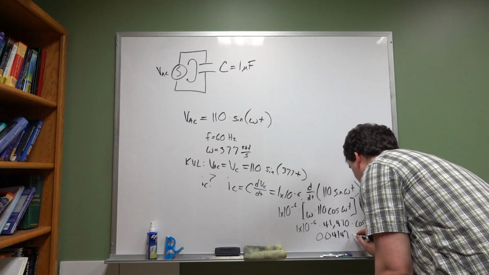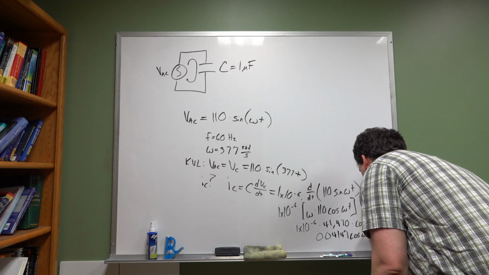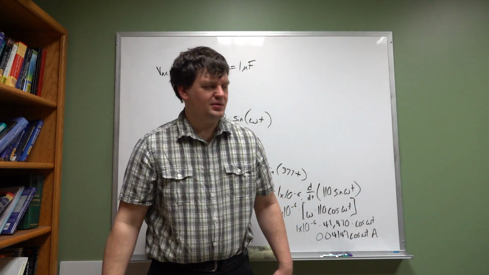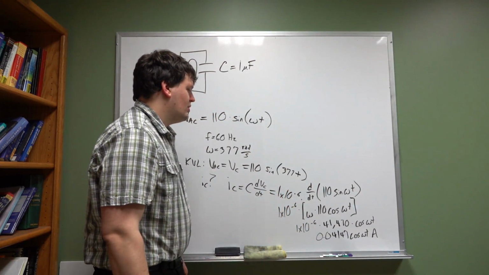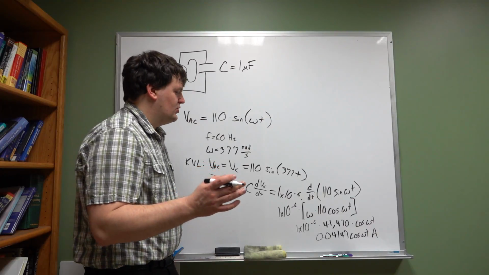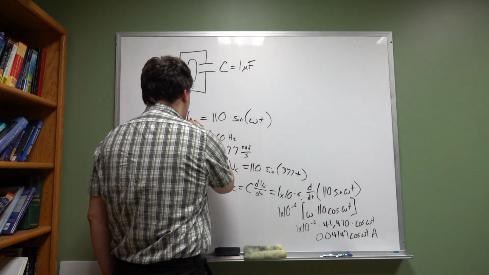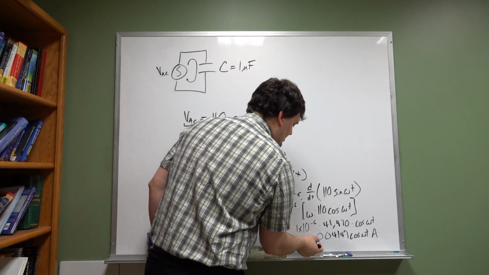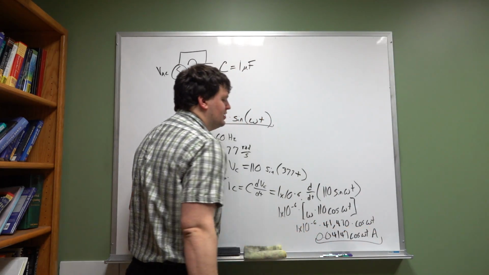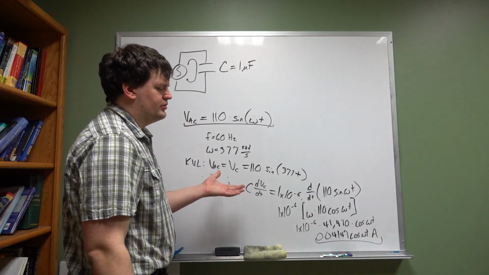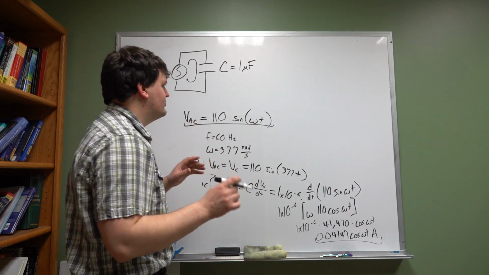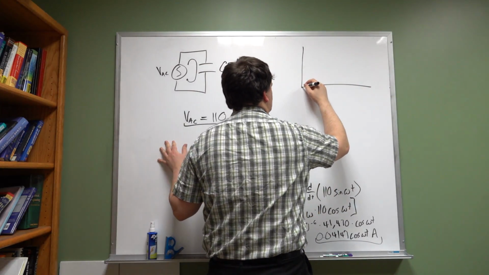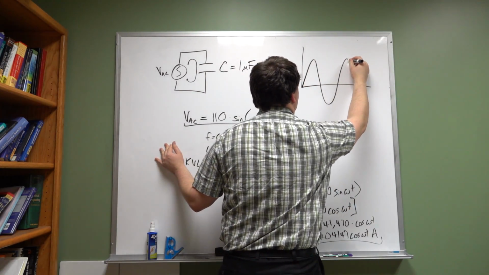0.04147 cosine omega t. And this is amps. Okay. Now what we're going to do here is, what is the difference between our VAC, which is also our VC, and our current coming out of here? If we were to plot the voltage, it looks like this.